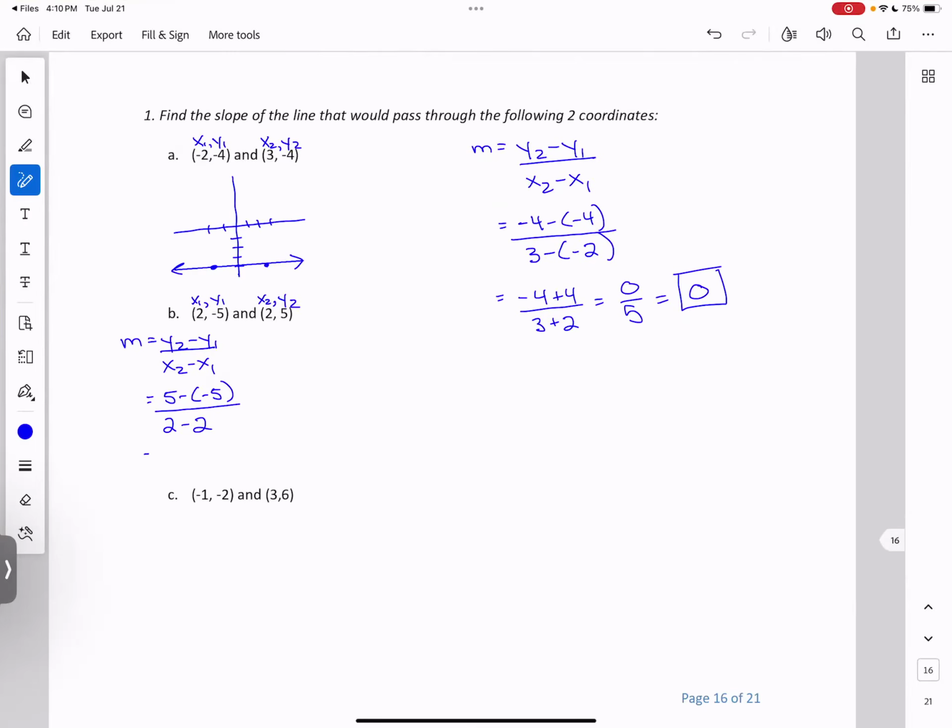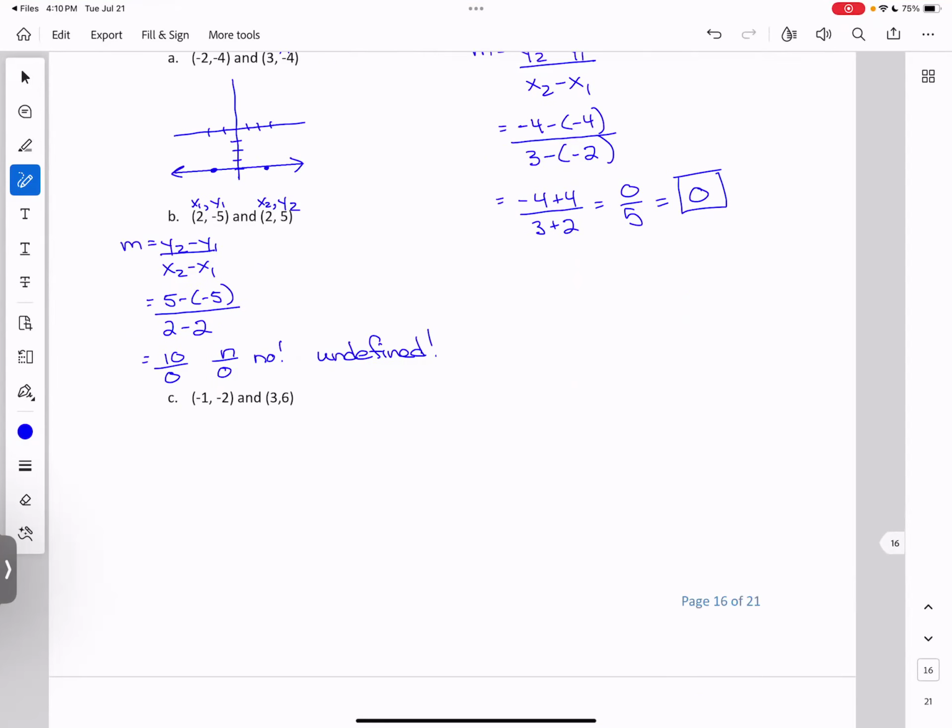Okay, which is 5 plus 5, or 10, over 2 minus 2, which is 0. Any number divided by 0, remember, is no or undefined. So this is an undefined slope because those 2 coordinates would actually give you a vertical line.